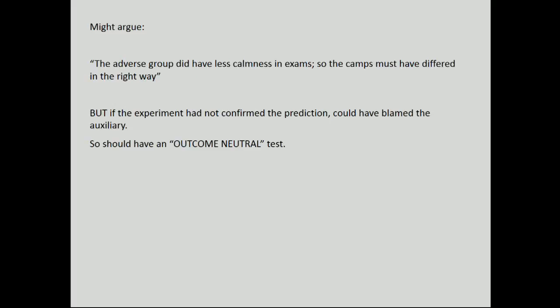Do you think that's acceptable? You see it commonly, and it is sort of enticing to think that way of one's experiment. You got the results you wanted, so everything must have been okay. But if the experiment had not confirmed the prediction, you could have blamed the auxiliary.